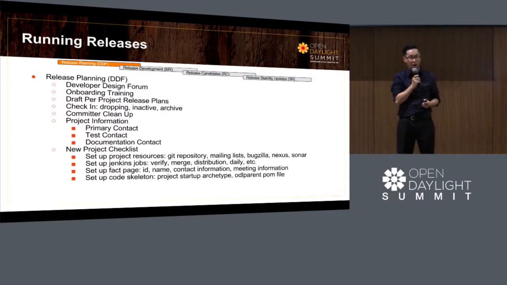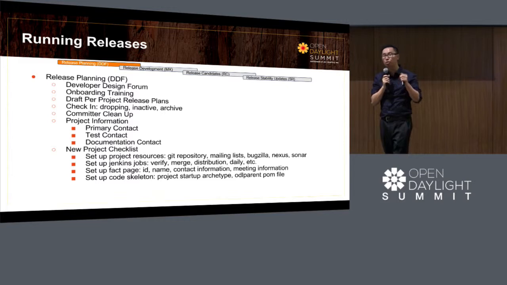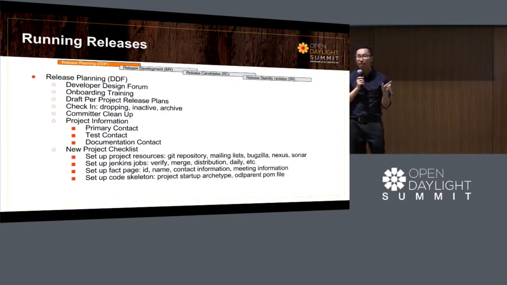Right? So OpenDaylight, like I said, is a huge, huge project. And in order for it to be the phenomenal success that it is today, a lot of things happen behind the scene. Generally, we have OpenDaylight broken up into 4 distinct phases. And these phases overlap, meaning there's no clear end and start for these phases.